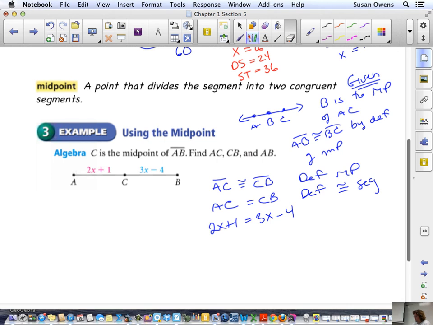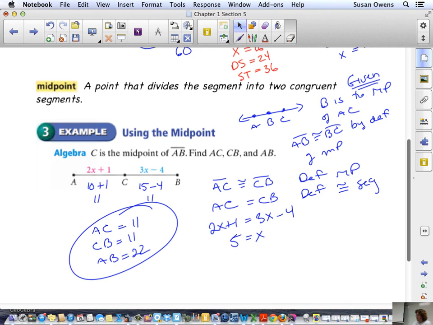So subtract the 2x to the other side, add the 4, so that would be 5 equals x. And then if I plug this in, this would be 10 plus 1 is 11, and this one would be 15 minus 4 is also 11, so good. And so AC is 11, CB is 11, and AB is, add them together, 22.